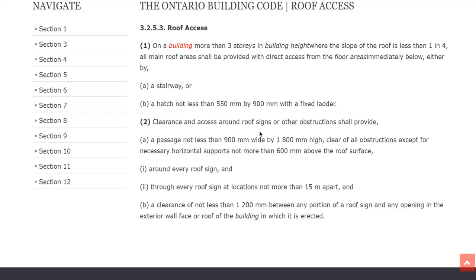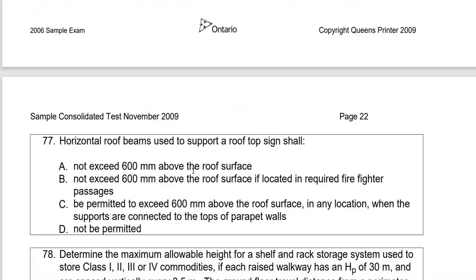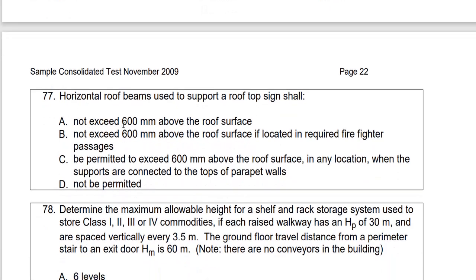It's just so that firefighters can have access to that roof in case of a fire. So back to the question, is that not exceed more than 600 millimeters above roof surface. Answer could be A, but listen to this one.